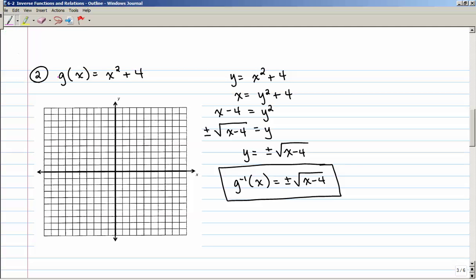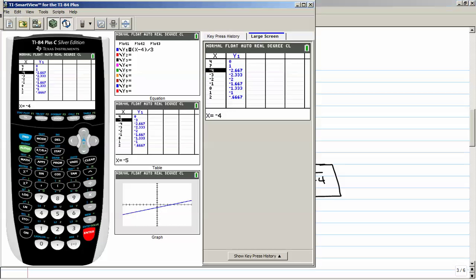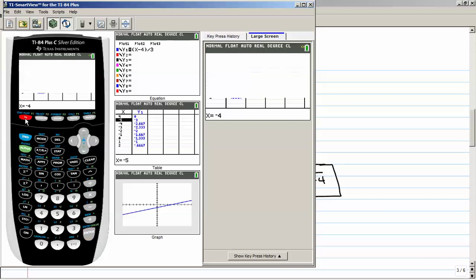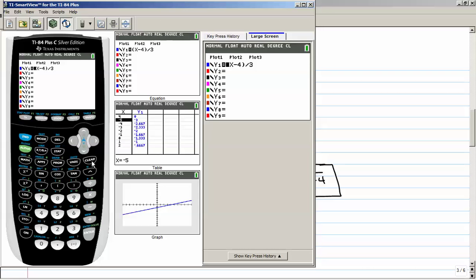Now I need to graph these. And again, I'm going to do them in different colors so that it's kind of obvious. And these are maybe a little more difficult, so I think I'm going to go to my calculator and take a look at it. Actually, I can graph both of these at the same time on here. So let's do x squared plus 4. And I don't have a positive or negative button here, so I'm going to have to do this next one in 2 parts.